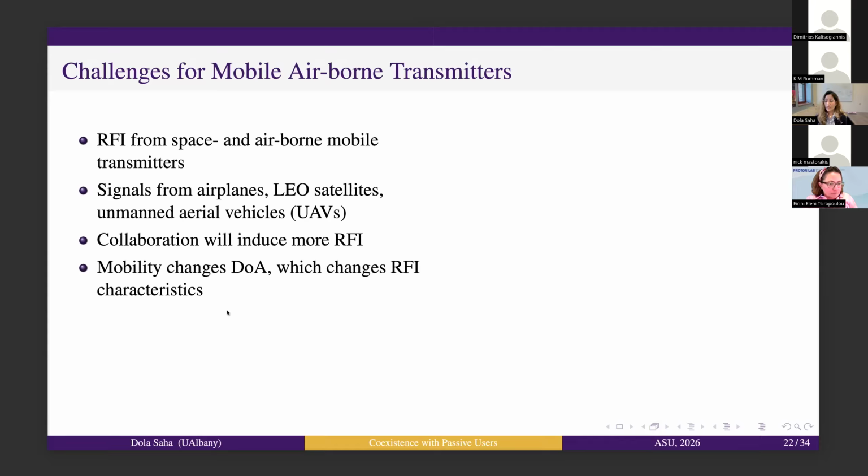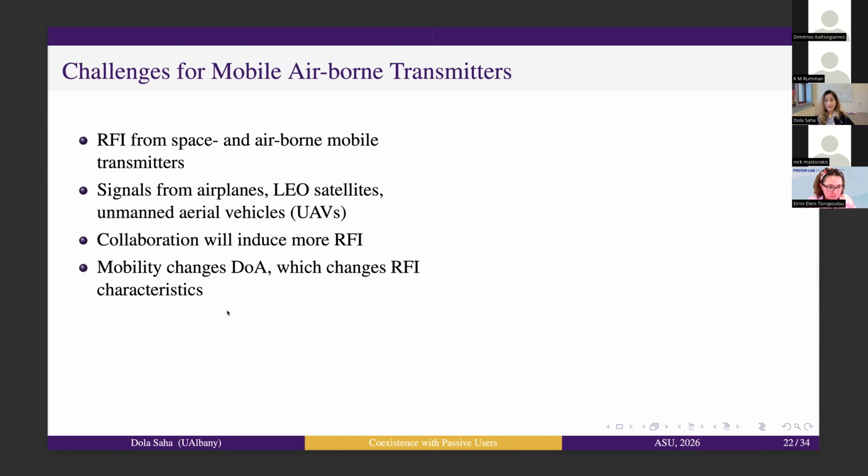If there is an airborne transmitter, especially in today's scenario where we have a bunch of LEO satellites that are providing communication direct to phones, and signals from airplanes, a bunch of ADS-B signals are transmitted by airplanes.